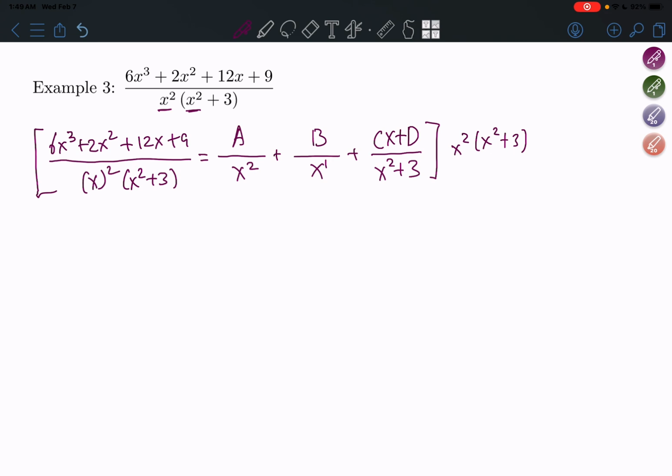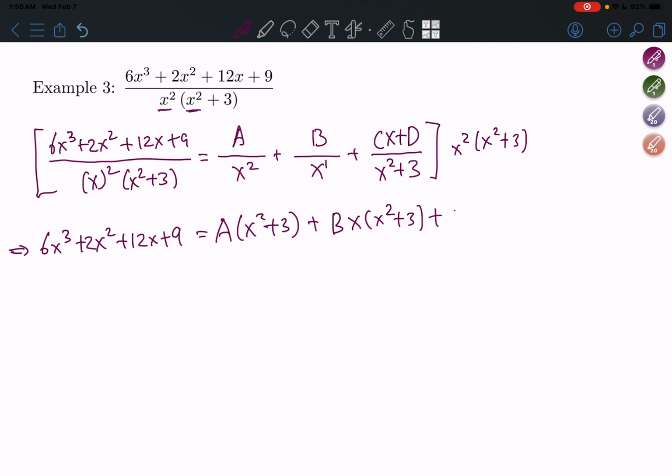Then after distribution, I'll have 6x cubed plus 2x squared plus 12x plus 9 equals a times x squared plus 3, plus b times x times x squared plus 3, plus cx plus d times x squared.